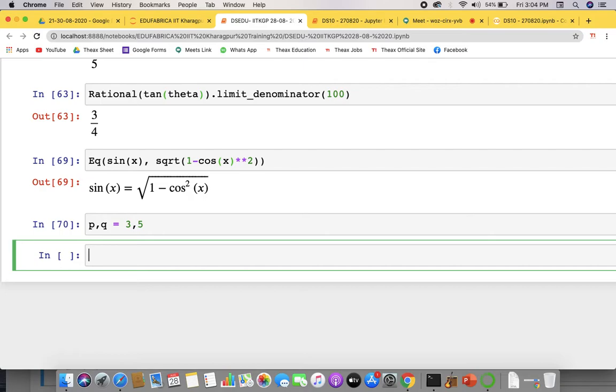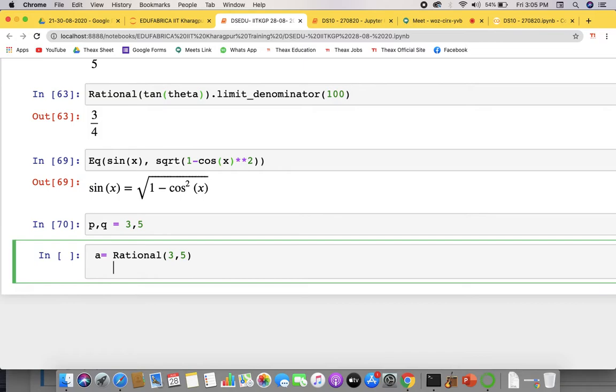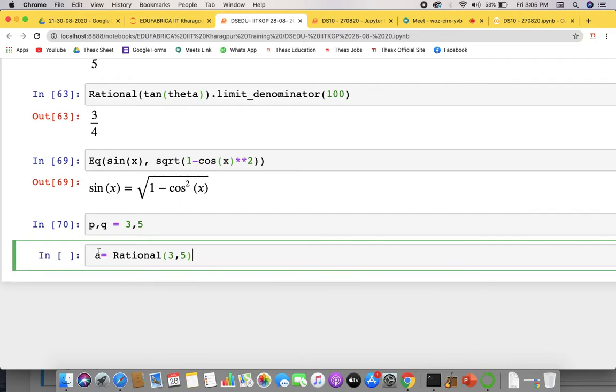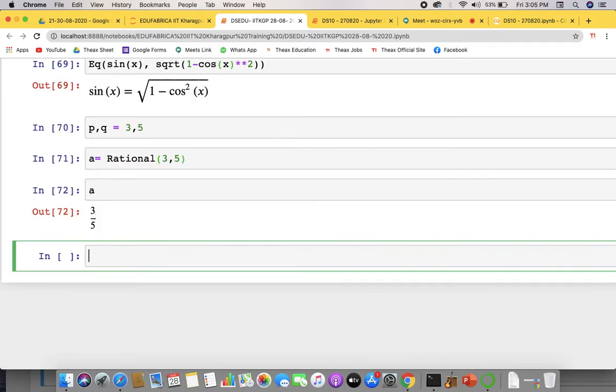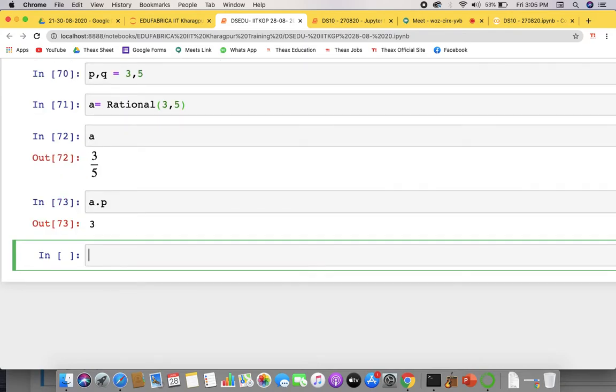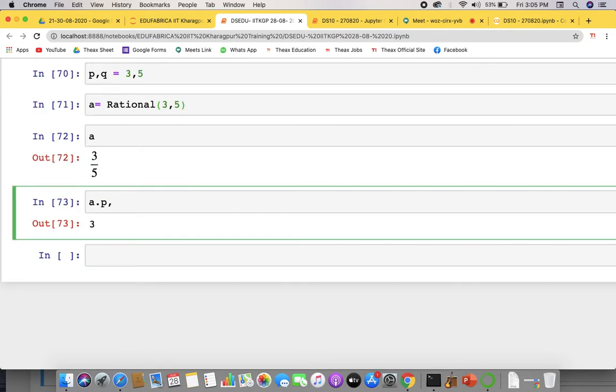You can define it like this: let's say a equals the rational of any number, so let it be 3 by 5. Then you say your numerator is a dot p, that is the standard form. So a is the rational of 3 by 5, your numerator is a dot p, that is 3, and your denominator is a dot q.